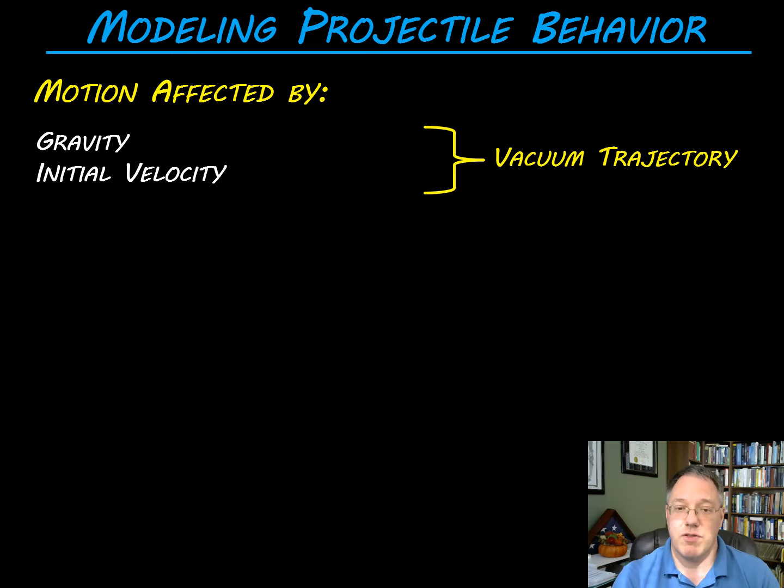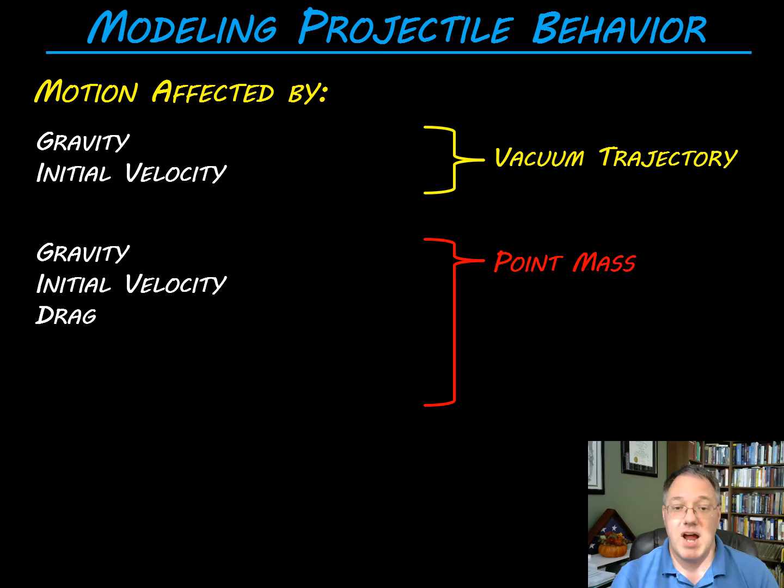Motion can be affected by a number of different things. We start out with gravity and initial velocity, and when we only use those two things, we call that a vacuum trajectory. That's all that we've got acting on it. If we use gravity and initial velocity and also include drag, then we're talking about a point mass.